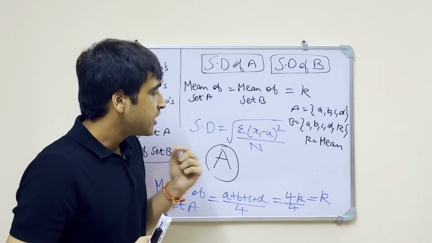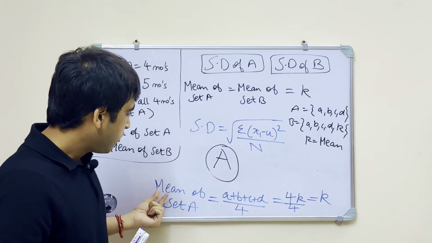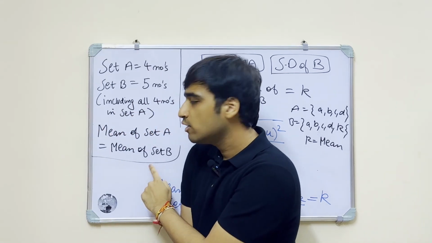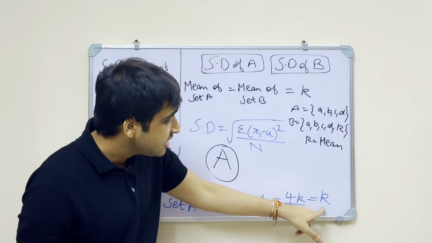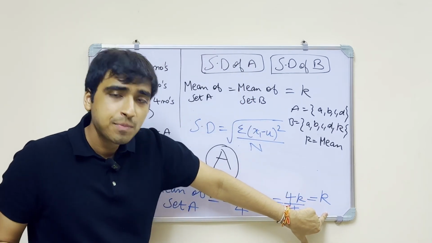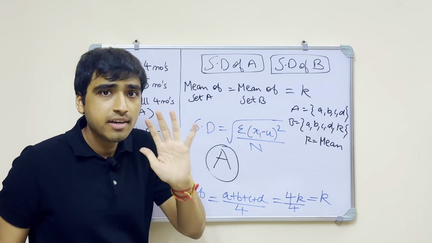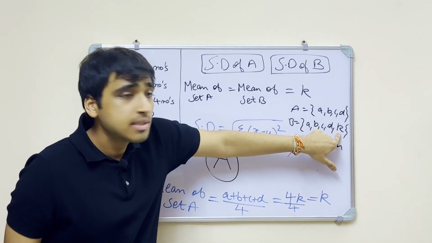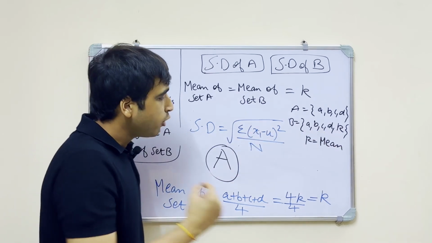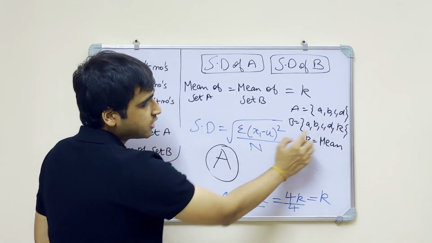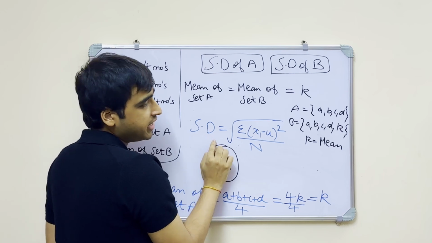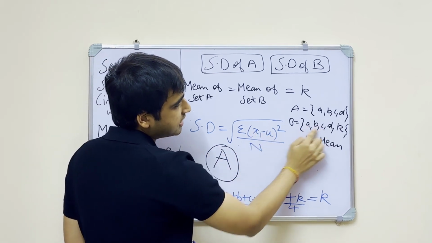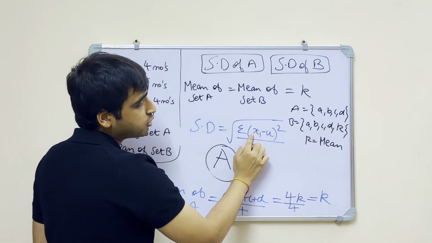So in this case, what did we do? We first found out that the mean of set A is equal to the mean of set B. This was given. That is equal to K. And what is K? K is the fifth different term in set B, because all the four terms are the same. Only the different term is K over here, right? And we also know that K is equal to the mean. So when we find the standard deviation, we do (A minus mu) square plus (B minus mu) square plus (C minus mu) square plus (D minus mu) square, exactly the same.